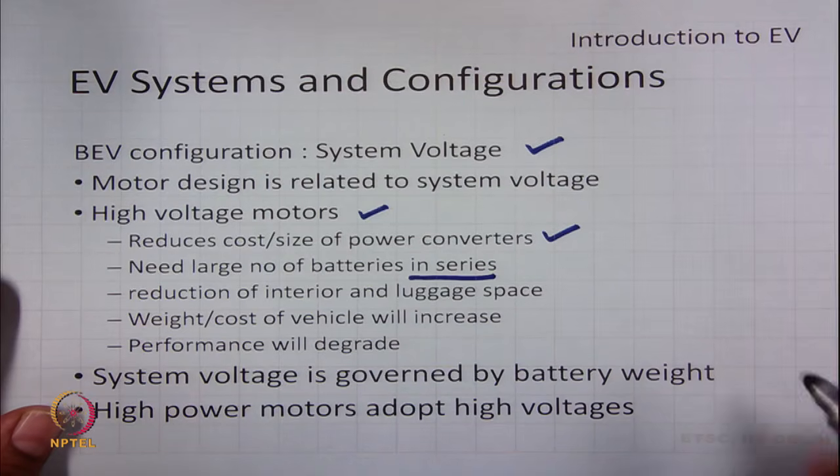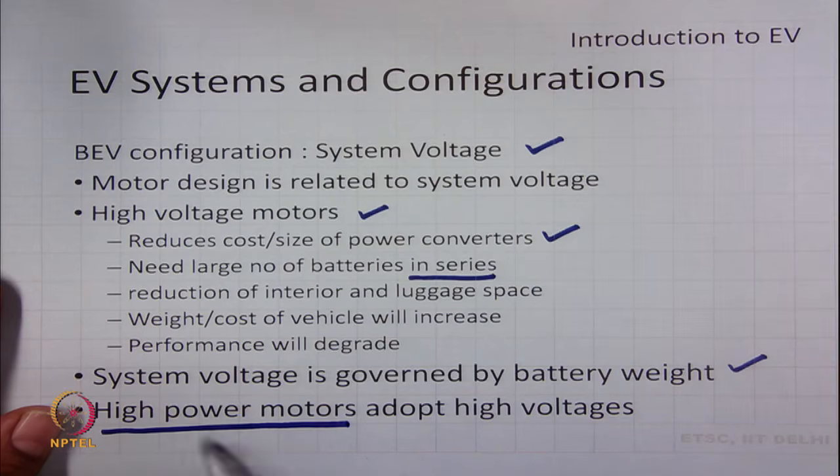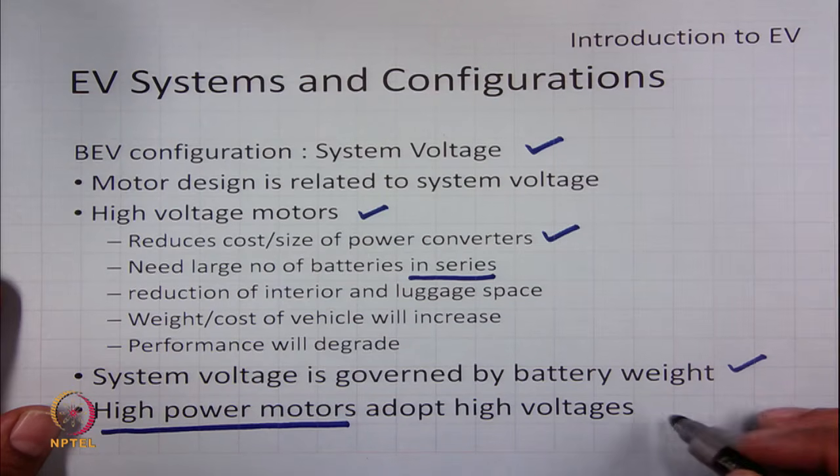System voltage is normally governed by battery weight. But another thing is that when you go for high power motors, let us say 100 kilowatt motors, these motors cannot be designed at very low voltage. So, high power motors have to go for high voltage design.